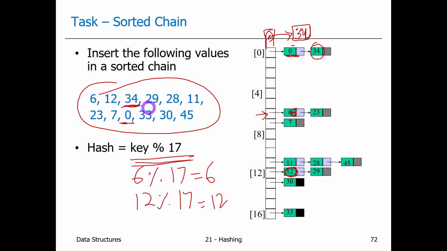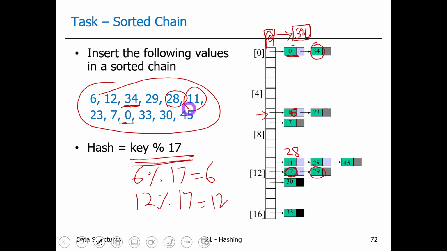So you can see 29 mod 17 is 12, so it is inserted after 12 here. Then 28 mod 17 is 11, so it is inserted here. And again 28 was inserted first, and then 11 came, and 11 mod 17 is also 11.